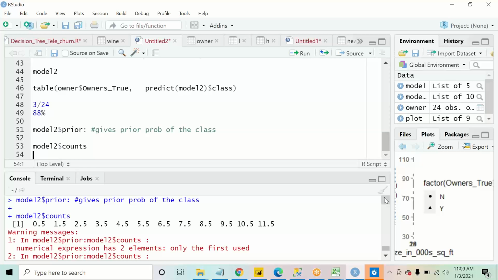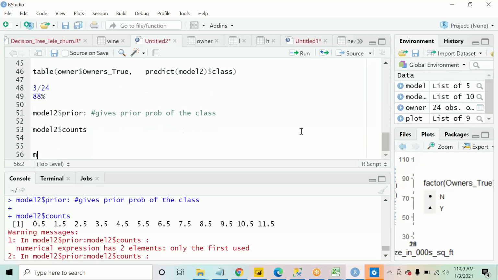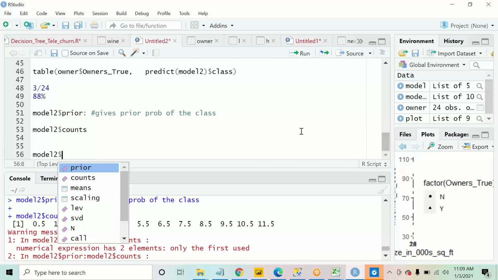So basically, this is the count that you have.